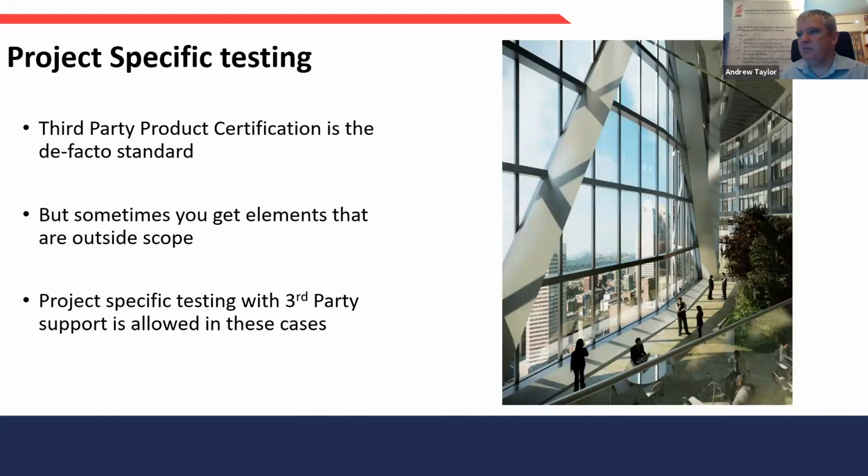So what we did when we were looking at those was a series of mock-ups were produced, and manufacturers tested their product on the mock-up, and then that product, which was already third-party certified, was tested by a third party to show that, because they're outside the scope of the test standards, they are completely different. And so that's a usable thing going forwards.